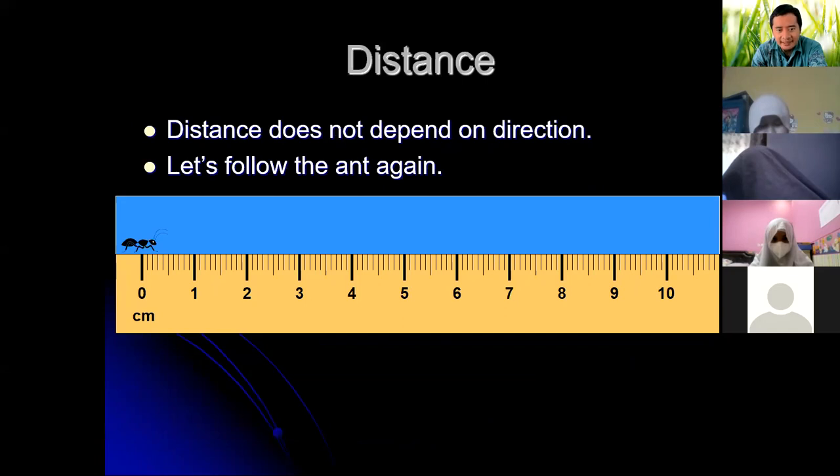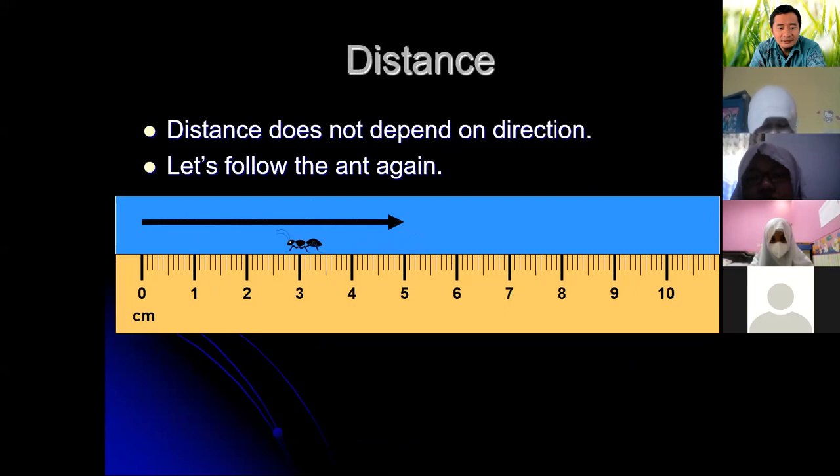Let's follow the ant again, from 0 until 5, and then to 3. I will repeat again: from 0 to 5 and then 3. Distance does not depend on direction.